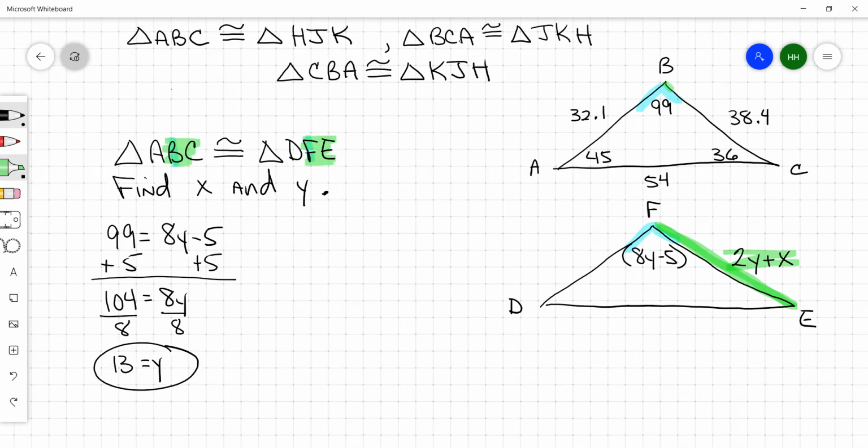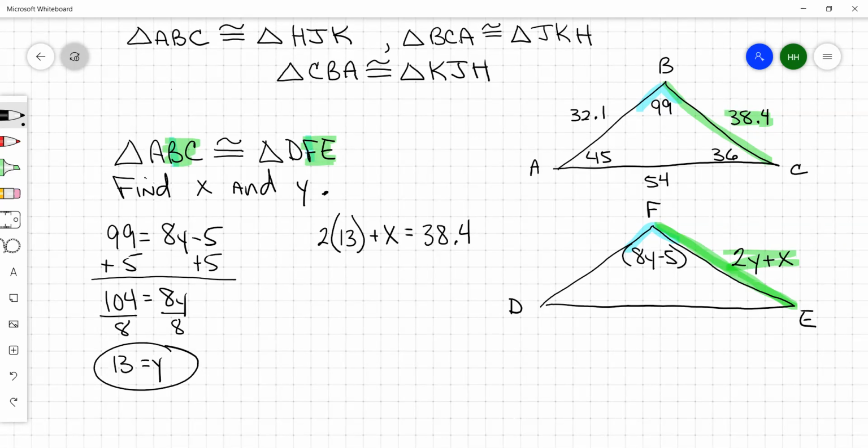And side BC is equal to 38.4. So if we substitute for y, we're going to do 2 times y, which is 13, plus x is equal to, what's it equal to? 38.4, good.